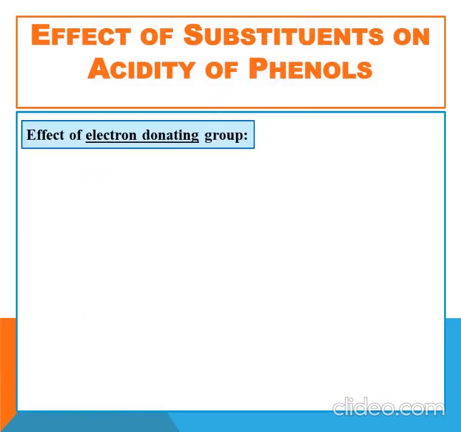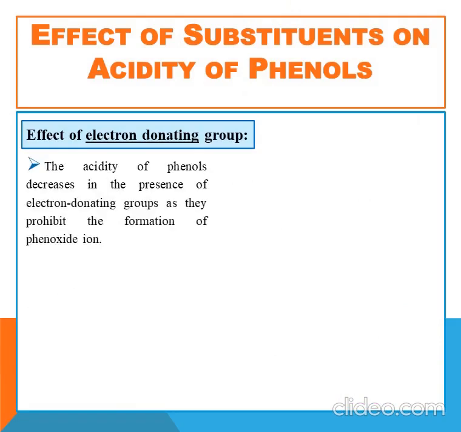Next comes the effect of electron donating groups. The acidity of phenols decreases in the presence of electron donating groups, as they prohibit the formation of the phenoxide ion. Once I have taken an electron donating group, it will try to donate electrons.